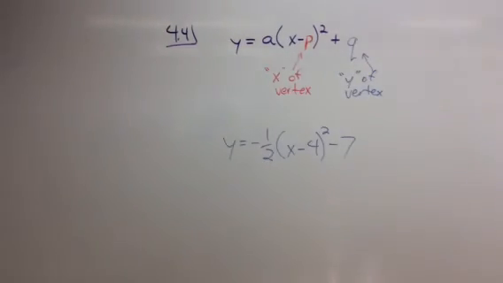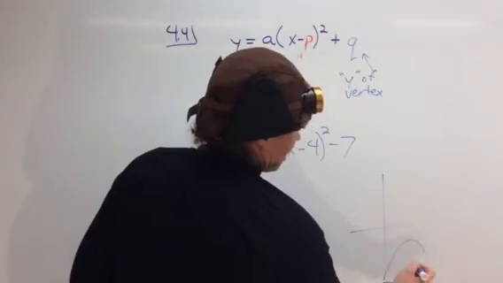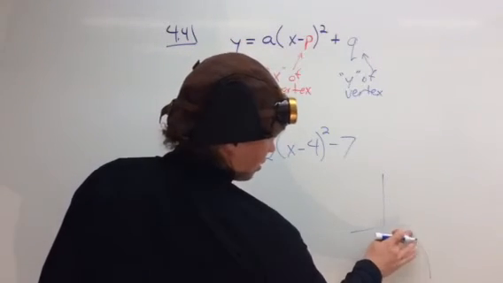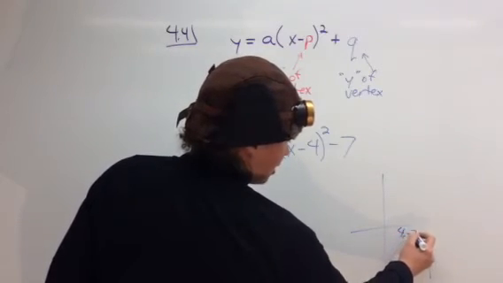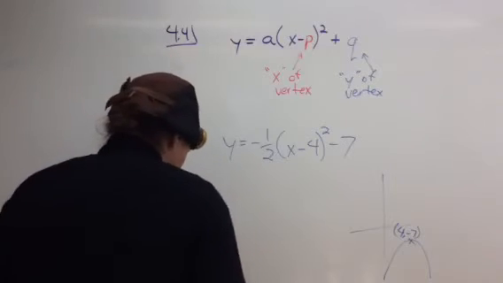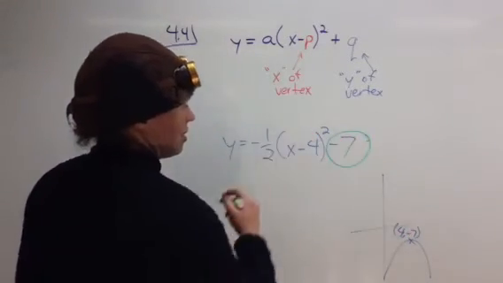So I made my little graph. It looked like that. This point was at 4. Wow. 4 and negative 7. That was that point. So I can see that negative 7 is here.